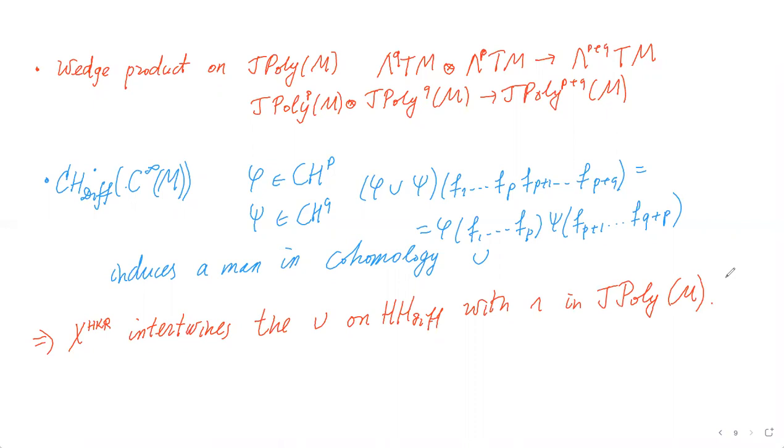This is not easy, actually. It's not an easy exercise. You need to construct a certain cochain homotopy to show that this is the case. This was done, I think, by Gerstenhaber at the beginning of the 1960s.